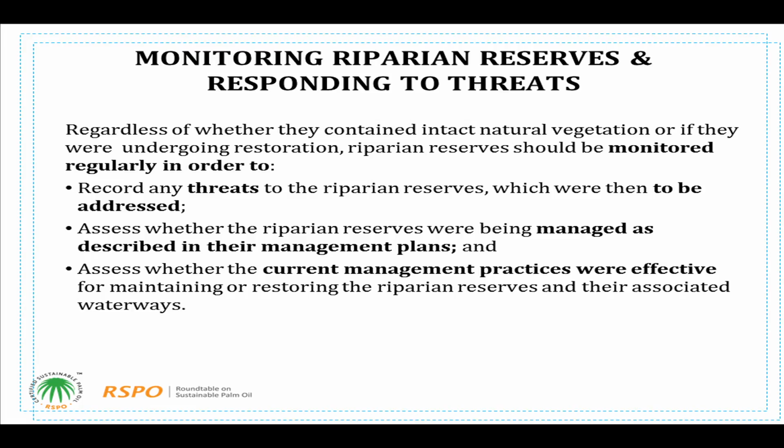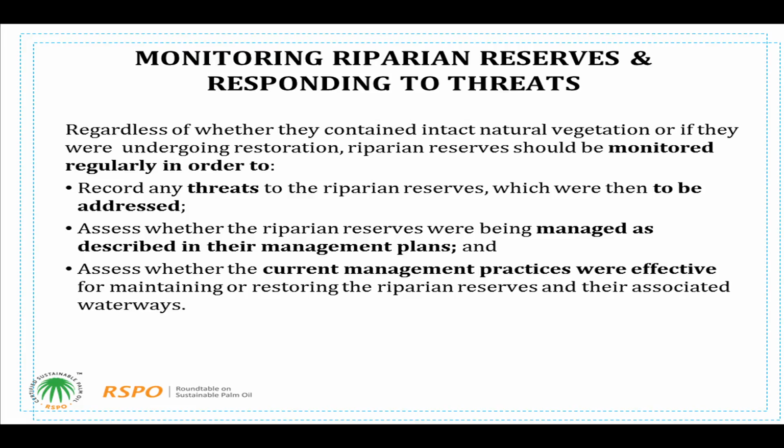So the last section of this guidance document is on monitoring riparian reserves and responding to threats. Irrespective of whether the riparian areas are intact with natural vegetation or undergoing restoration, monitoring is very important.